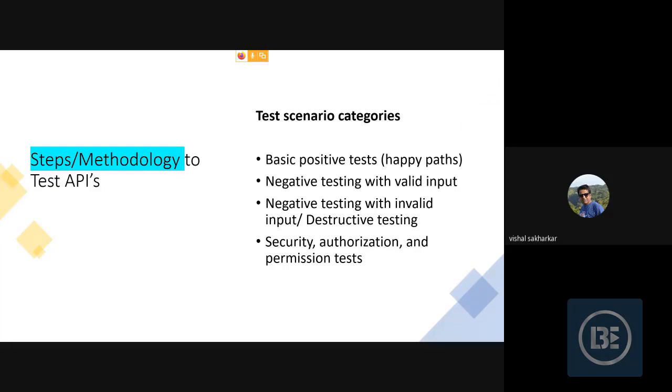Yeah. So what are the steps and methodology to test an API? As a tester or developer, what test scenarios do we create? These are simple testing techniques we can implement here, like the basic positive test, creating test cases with the happy paths.